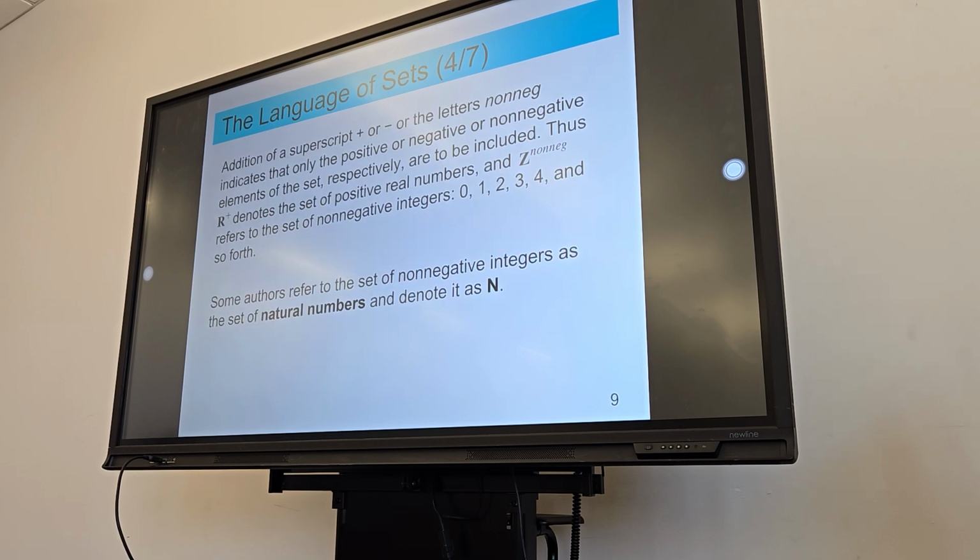Some authors will use the set label N for natural numbers, being 0, 1, 2, 3, 4, and so forth. So that can be run into as well with the capital N.